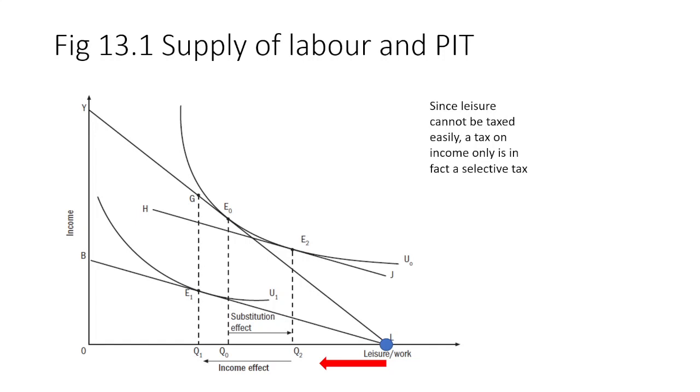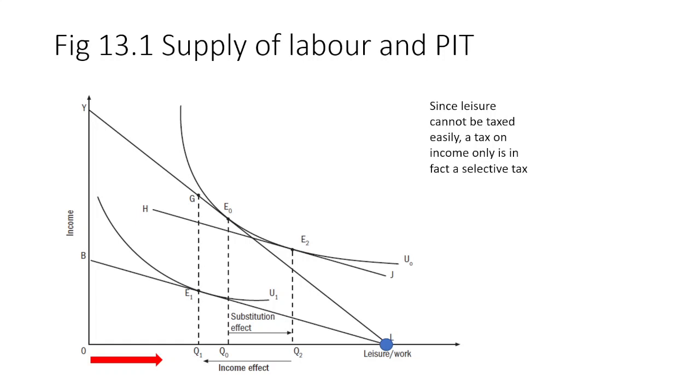So let's say you have 18 hours and you can decide to work 18 hours or work nothing and have leisure of 18 hours. So we measure work from right to left, and we measure the amount of leisure from left to right. So at the blue dot, that means the person doesn't work, so the income on the vertical axis is 0.